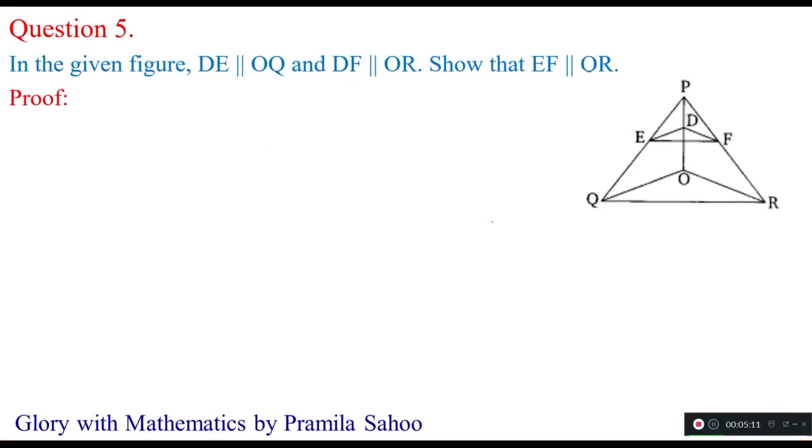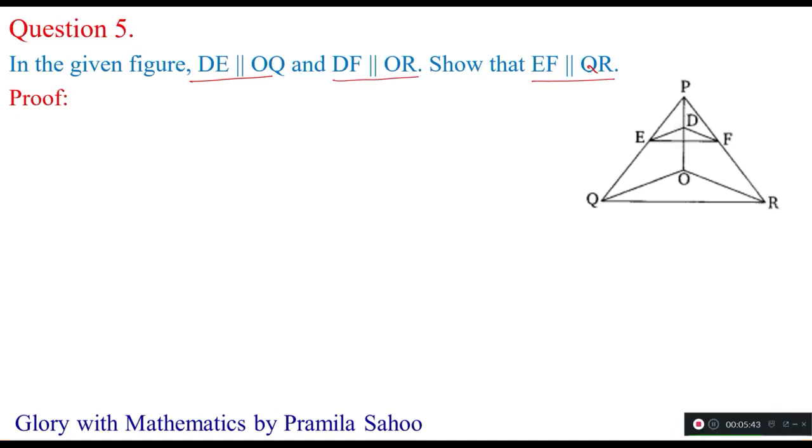Next, question number 5. In the given figure, DE is parallel to OQ and DF is parallel to OR. We have to prove EF is parallel to QR.